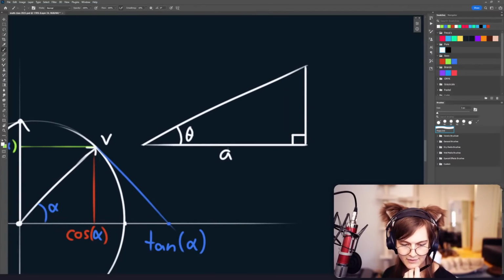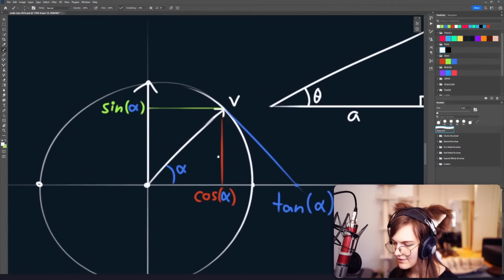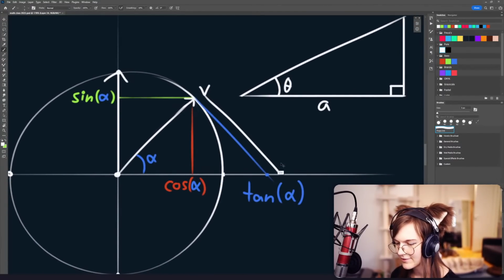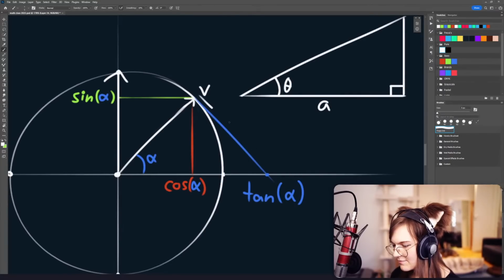Is tangent sine over cosine, right? Then shouldn't it be shorter as the angle goes upwards instead of longer? Well, the tangent is the length of this one. So this is what the tangent function outputs.